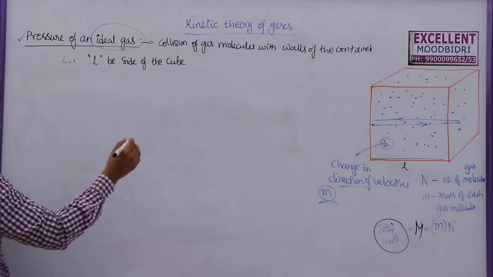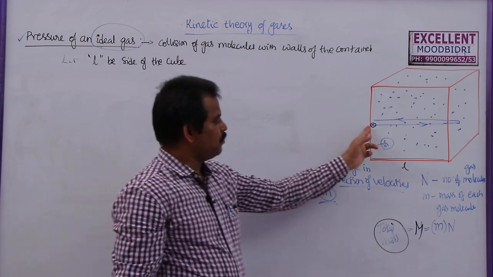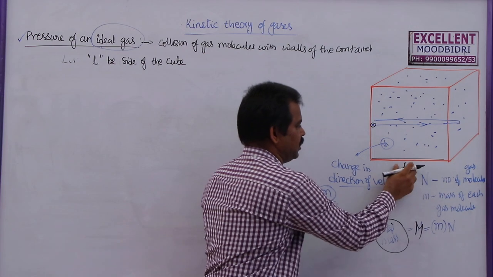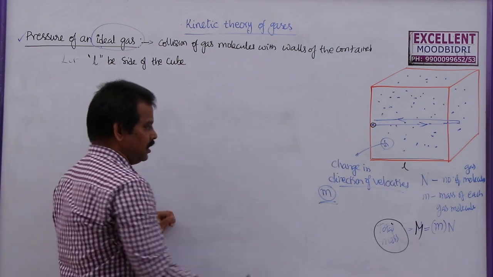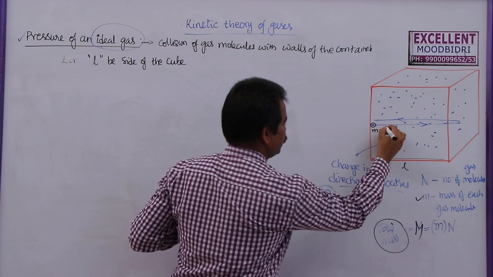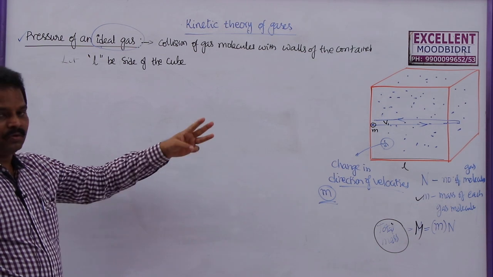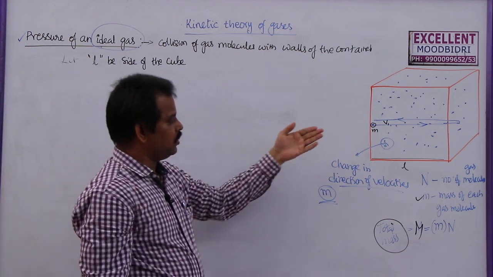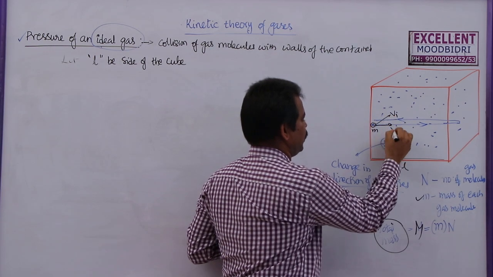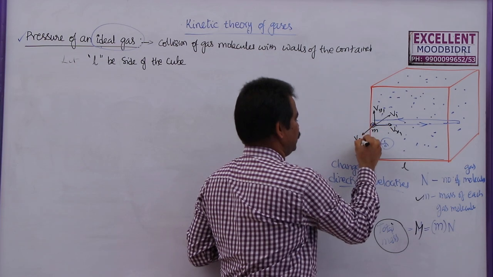Now, first let me take one particle here. This is the particle under study. So it is moving from here to here. Let the path traveled here be L. Now, mass of each particle is m. Let us say it is traveling with a velocity v1. But v1 can be resolved into three components: vx1, vy1 as well as vz1.